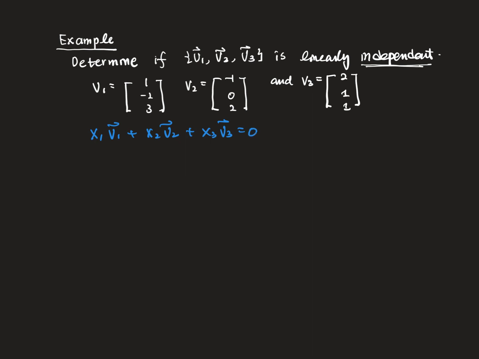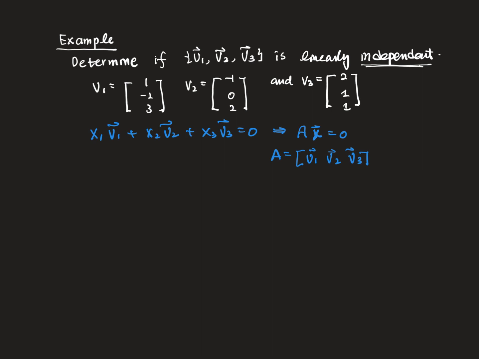We check whether this vector equation has a non-trivial or trivial solution. Another way to write it is the matrix equation Ax equals 0, where A has columns v1, v2, v3.